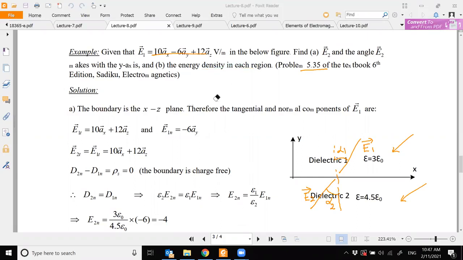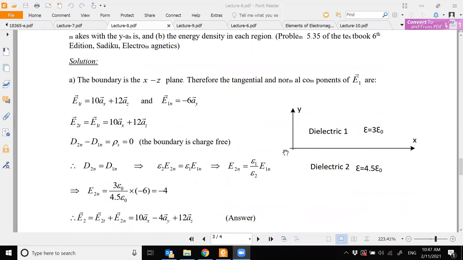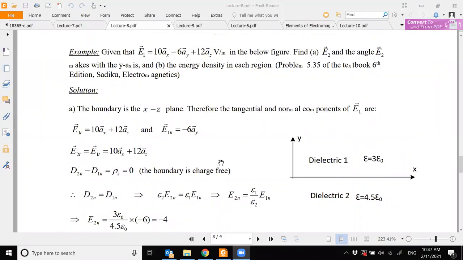So how should you go ahead? First apply the boundary conditions to find E. Angles, we will find later. First we find the tangential and the normal components. Now, the x-axis is my boundary.